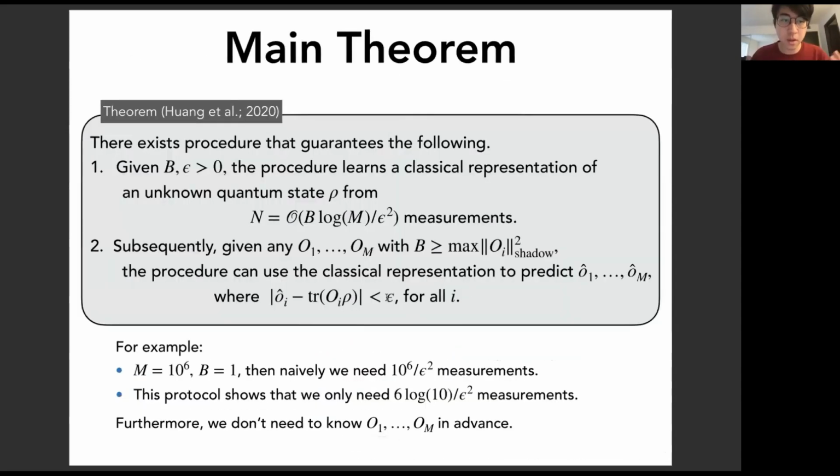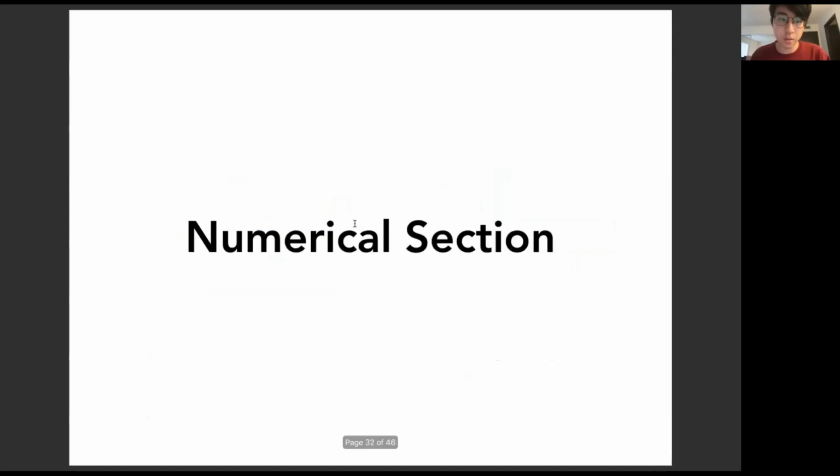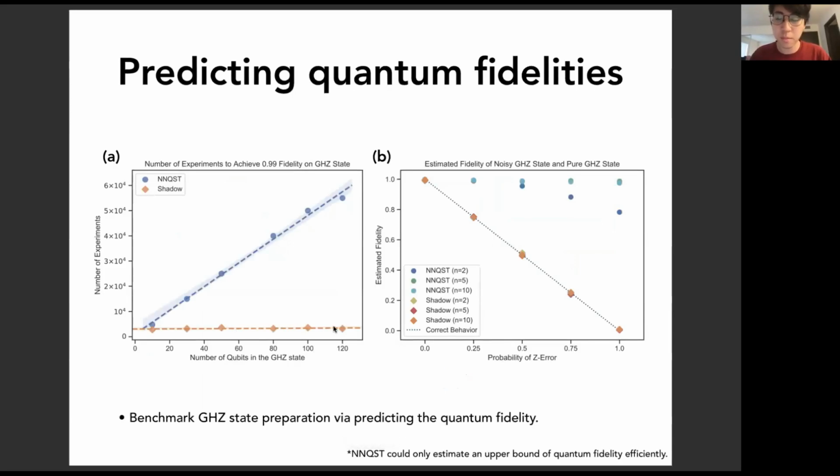As you can see in this theorem that we show, there's no dependence on the system size of your quantum system rho. It only depends on how many properties you want to predict, this log n. So that's why it shouldn't depend on system size at all. And yeah, it also improves upon neural network quantum state tomography.